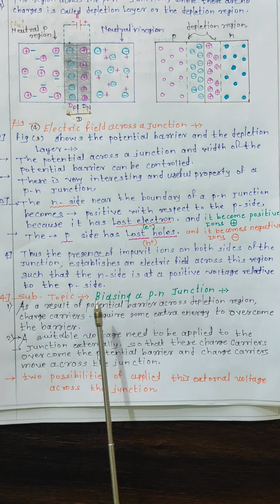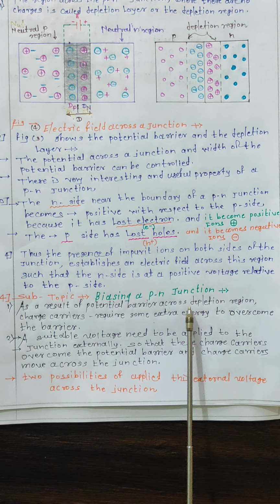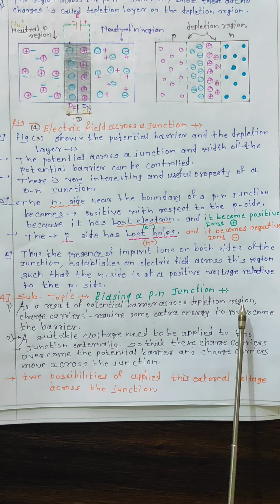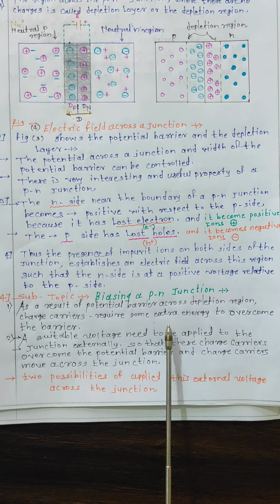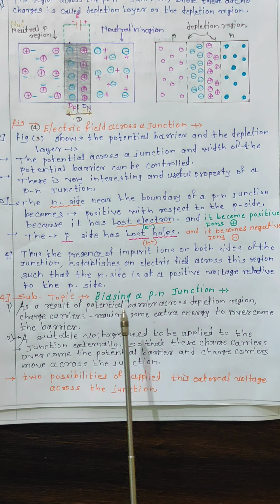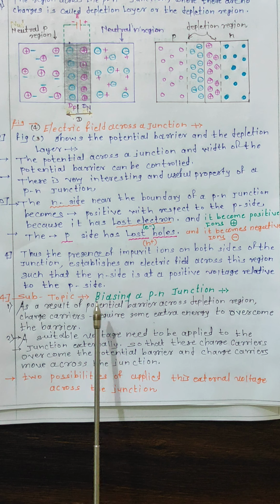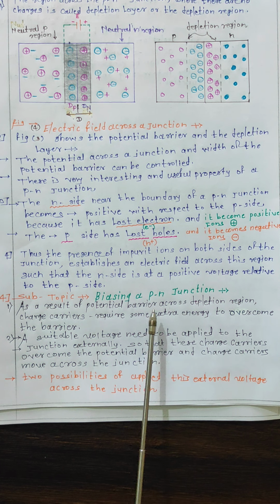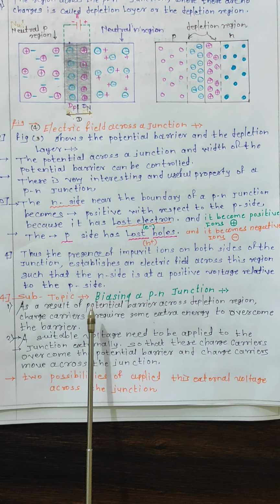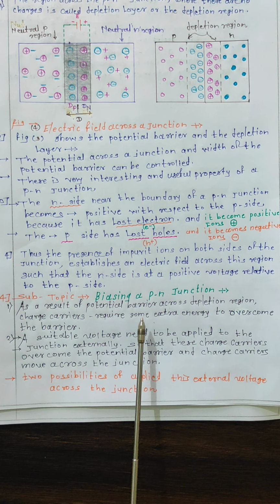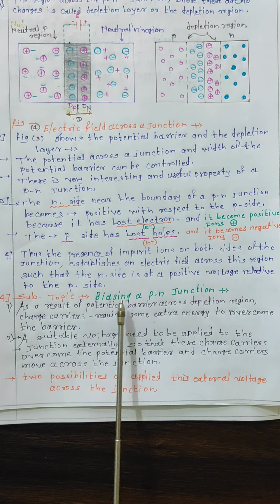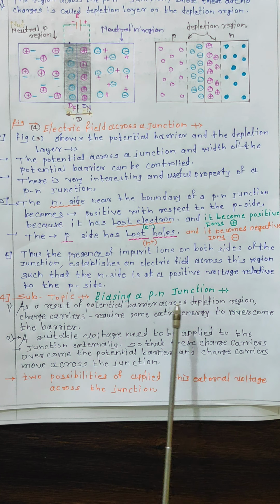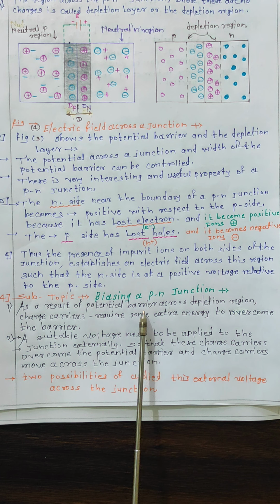That means a potential barrier is formed in the depletion region, and due to this barrier the electrons and holes do not transmit. So some external energy is needed, and due to that external energy the electrons and holes can cross this potential barrier.